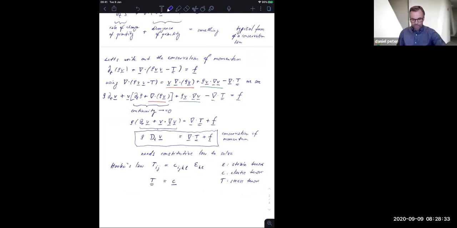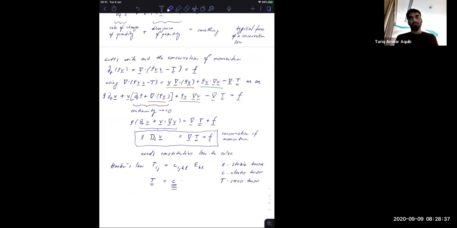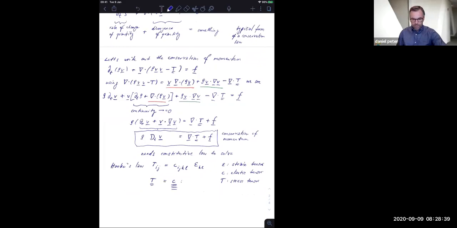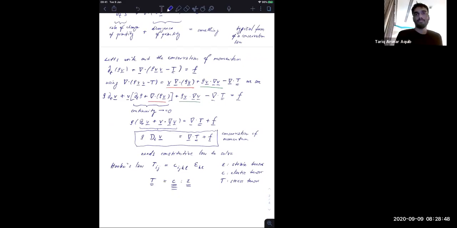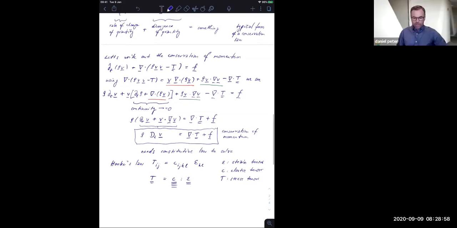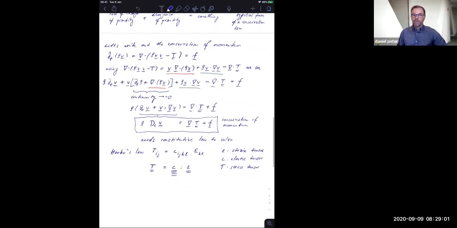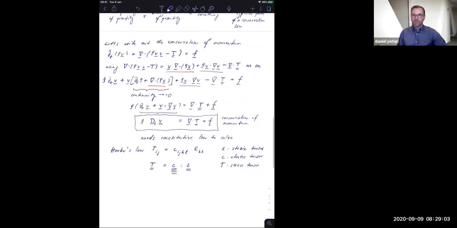So we have a fourth order tensor with 4 bars, and then the double dot product with the strain tensor. So we can write it in this form. Good, that's our constitutive law that we need. Now we can solve the conservation of momentum.